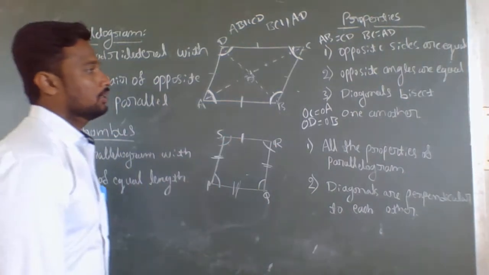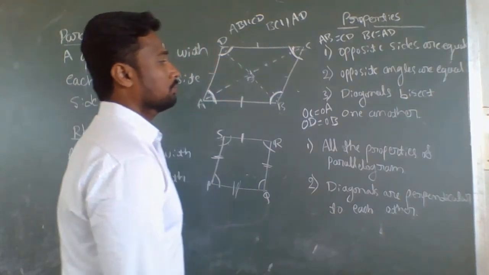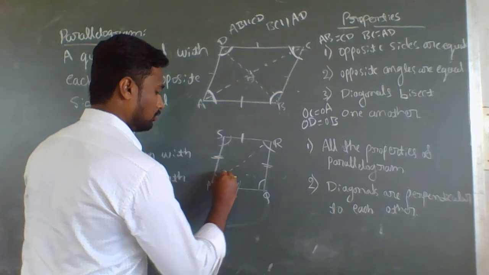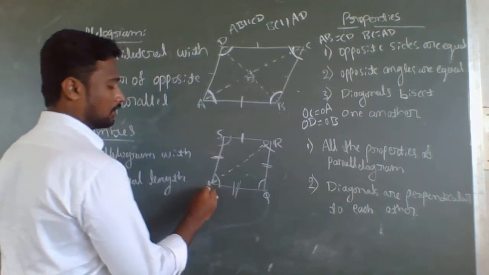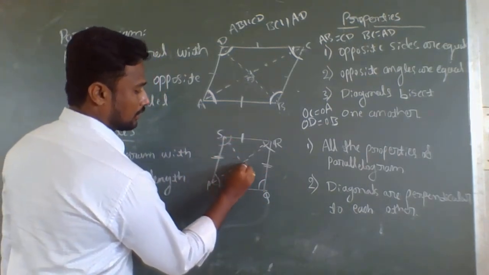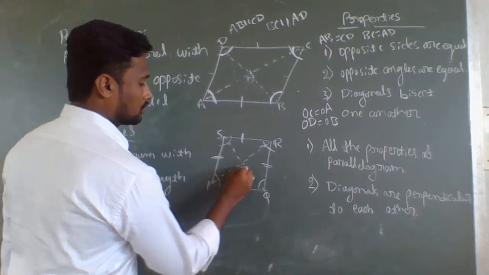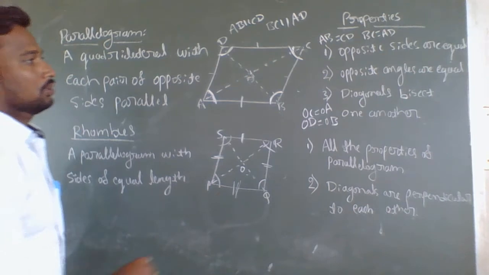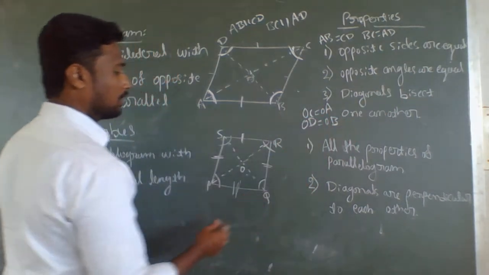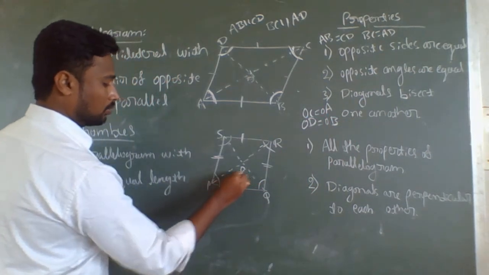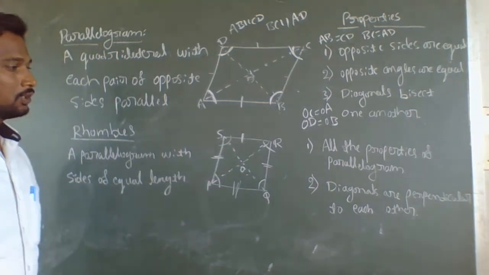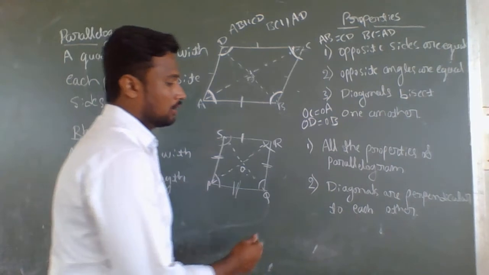And diagonals bisect one another. Suppose this is the diagonal PR and this is the diagonal QS, intersecting at a point O. So diagonals bisect one another means OR is equal to OP and OS is equal to OQ.